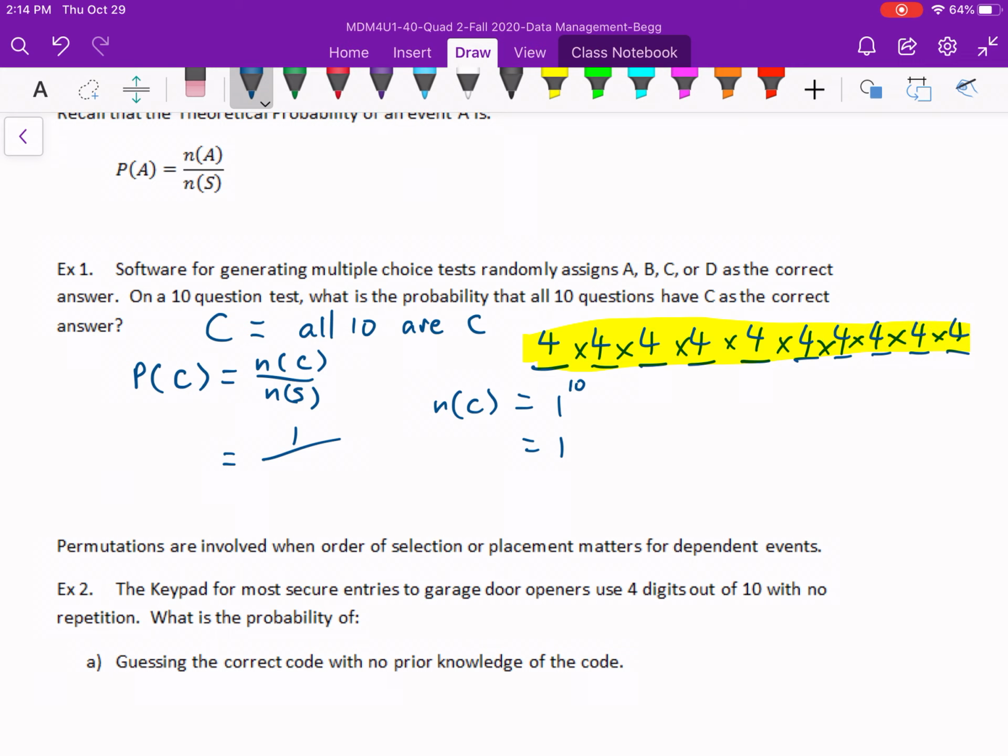And these are all independent, so it doesn't matter what I had for one question. The next question still has those 4 options. So N of S turns out to be 4 to the exponent 10, 4 times itself 10 times. I'll just write that as an exponent, otherwise it's going to be a very big number.